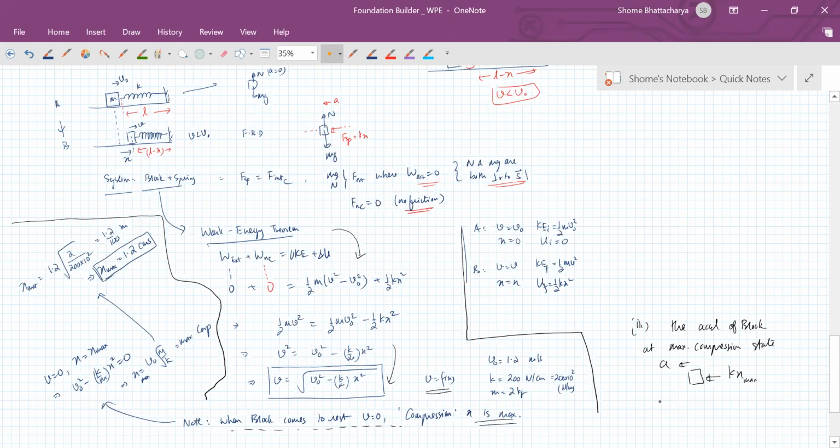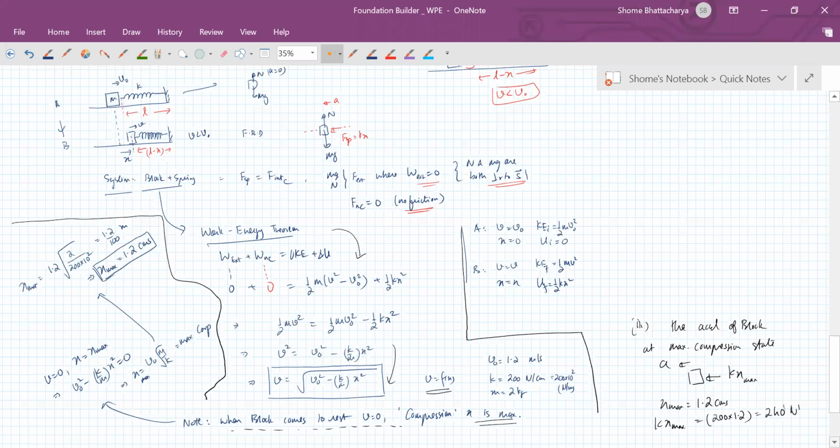Give it an acceleration like this. Okay. So X maximum was 1.2 centimeters. So the spring force is 200 into 1.2, that is 240 newtons.